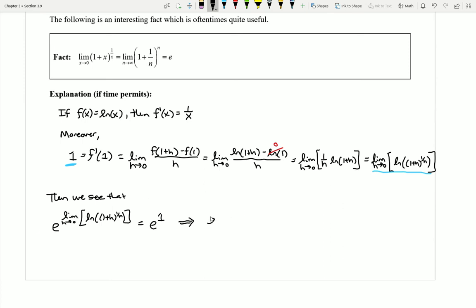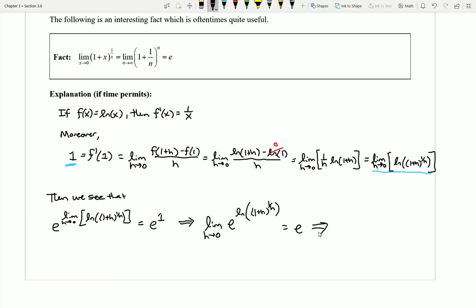So if I was to do that here, notice that what I would end up with is a limit in front, and then I could just write e to the natural log of (1 plus h) to the 1 over h. So I'd have this limit is then equal to e.